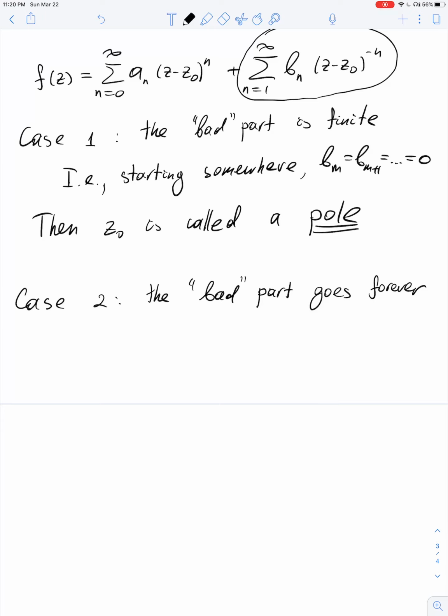Then z0 is called, I'm trying to remember, an essential singularity.